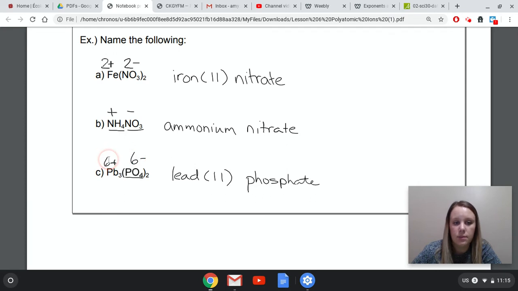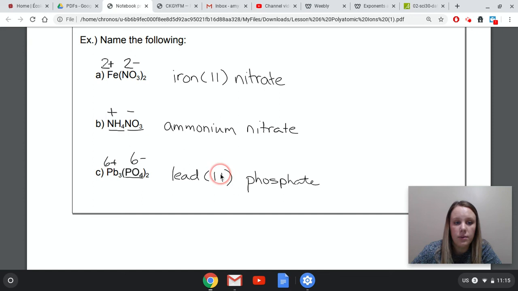Knowing that this is going to balance with a +6 helps me decide what these 3 leads will have to be. So 6 divided by 3 tells me that each lead ion is a charge of +2. That means that this is lead 2 phosphate.